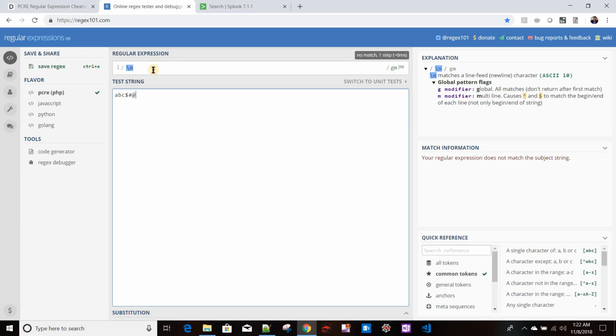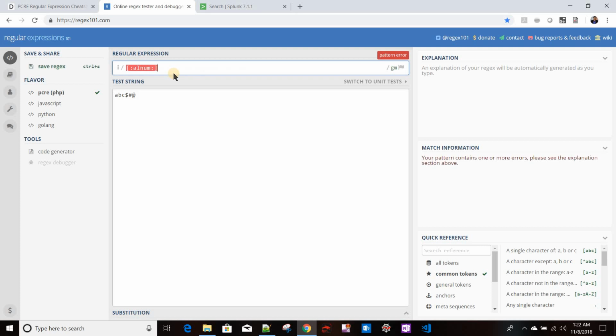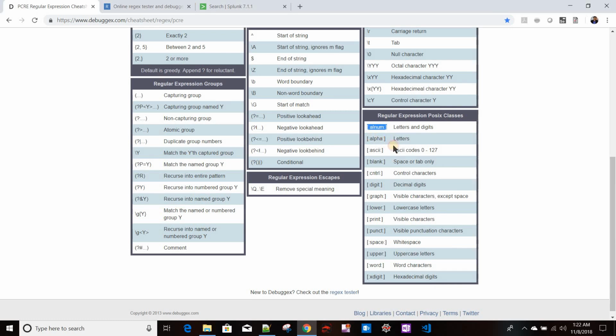Now if I copy this one, there is a special consideration: you have to wrap it again within a square bracket to use it in any of these classes. Now if you see, it is not matching the dollar hash at the rate, it is matching the abc.